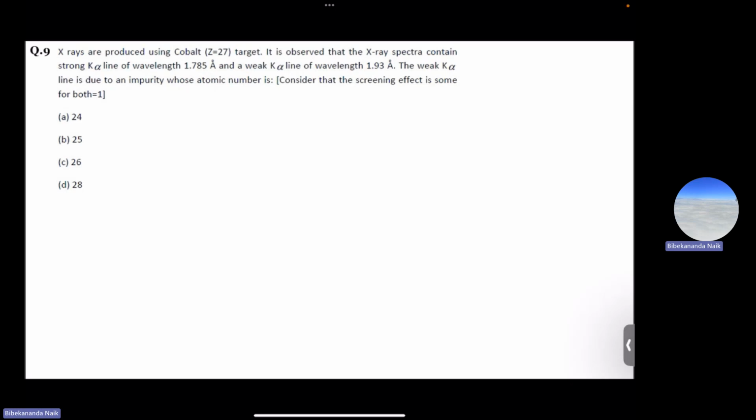So according to Moseley's law, the K alpha line corresponds to the transition from n equals 2 to n equals 1. If you talk about the change in energy, then delta E equals h nu, which is RHC, and considering the screening effect, there will be Z minus 1, because the screening effect is the same for both and it is 1.